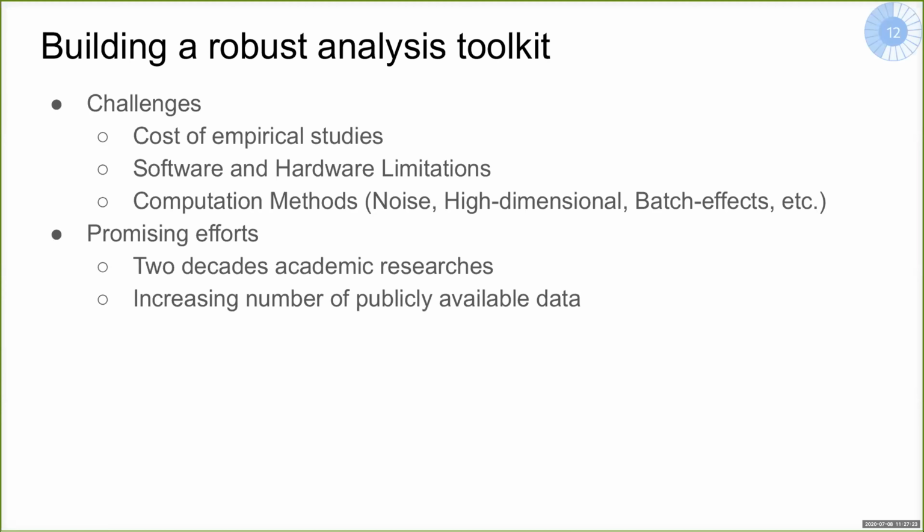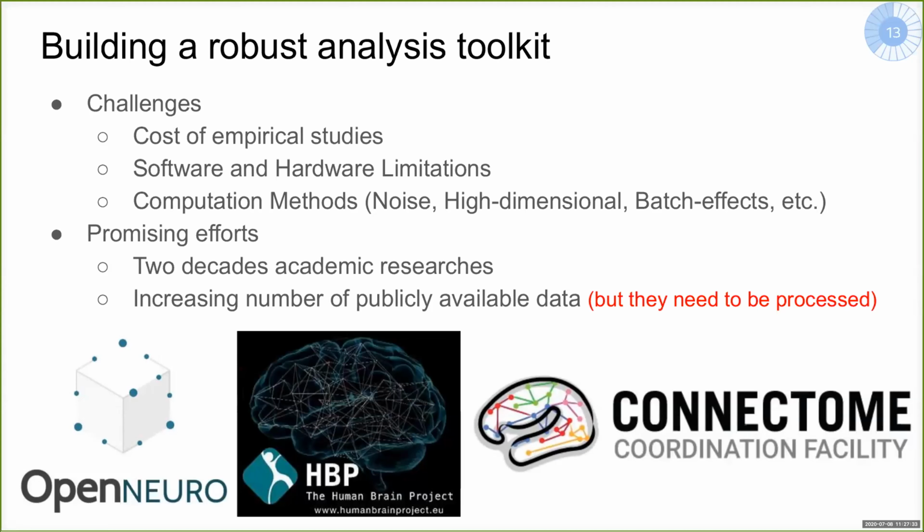However, we have some promising efforts. For instance, we have 2 decades of academic research and an increasing amount of publicly available data. These publicly available datasets, like OpenNeuro, HCP, and the Human Connectome Project, are raw. They are not processed.